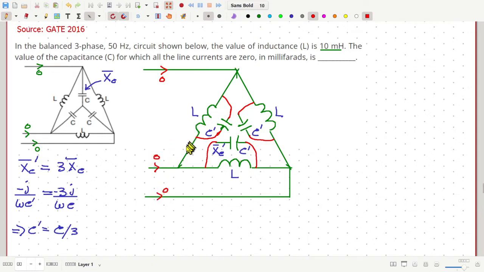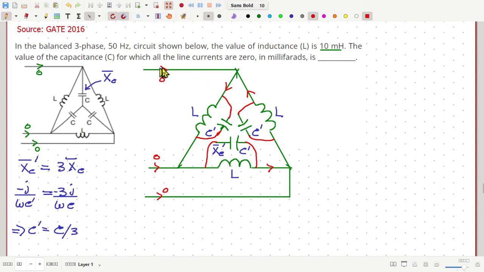And since the load is balanced, the supply is also balanced. Therefore, these phase currents will also be balanced. So this, and these three currents are also balanced. Okay? And therefore, the line currents will be given by root 3 times of these phase currents.